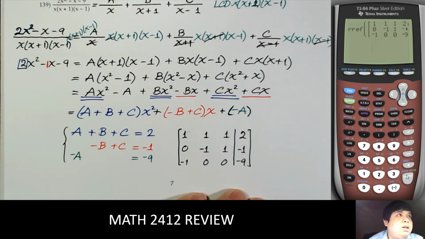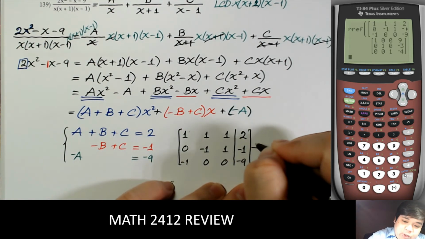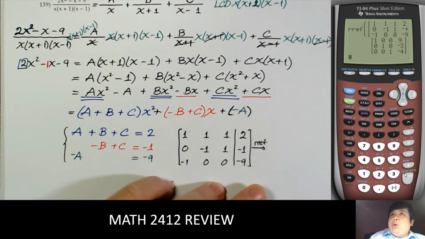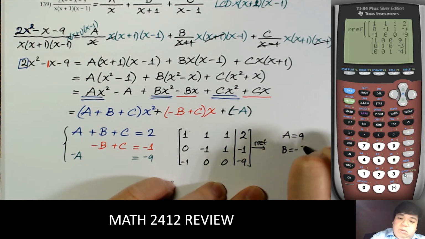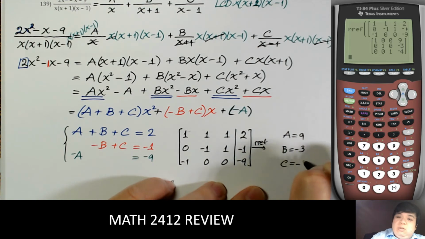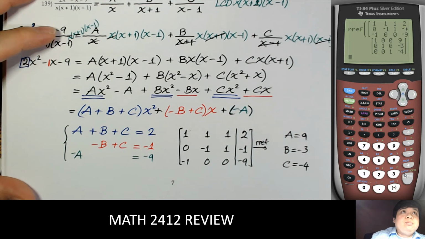Right. So when we do the RREF, we have A is equal to 9, B is equal to negative 3, and C is equal to negative 4. Bottom line is the original problem.